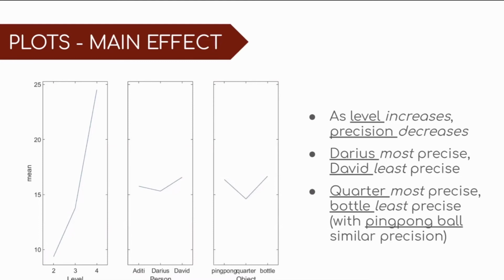Now, if you remember, David was also the most accurate, so it's very interesting that he would be the least precise. We also see here that the quarter is still the most precise, as it was the most accurate. And now the bottle is the least precise, with the ping pong ball having similar precision as it did to accuracy.